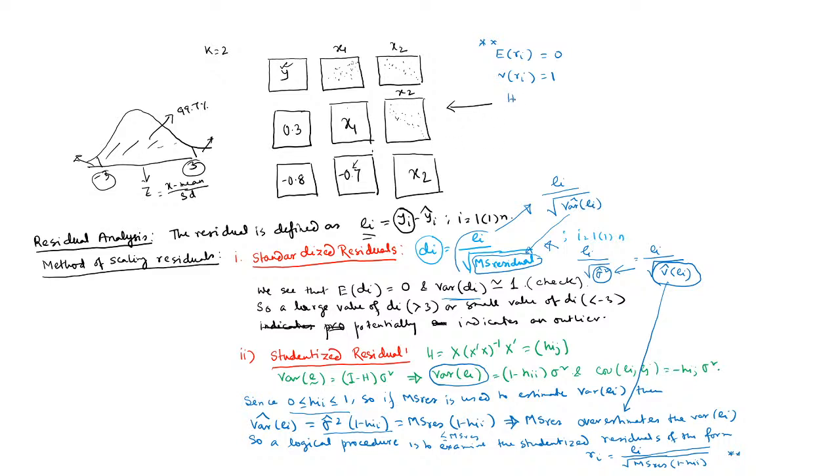Hence, any point with a large residual and large h_ii is potentially highly influential on the least squares fit.